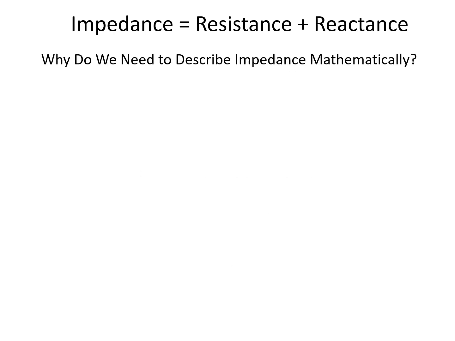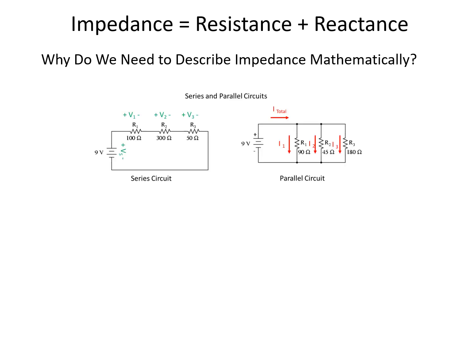So then we get into the math here a little bit. And an obvious question would be, why do we need to describe impedance mathematically? If you remember back through the technician and general sessions, we took a look at series circuits and parallel circuits. And we were able to calculate the voltages in a series circuit, and the current flows using Kirchhoff's current laws in a parallel resistor circuit, and all this was DC.